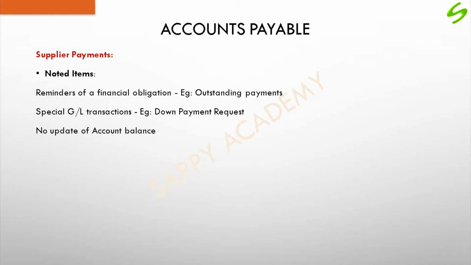These transactions don't update the account balance in the general ledger, and they are not shown in the financial statements as well. They are also displayed separately in the subledger accounts. In the last session, we saw transaction FBL1N and we selected noted items, normal items, special general ledger items, etc. in the report.